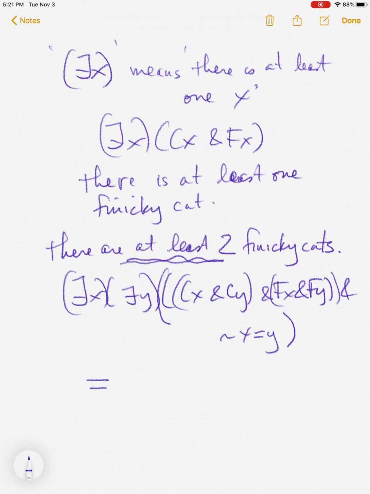Now, I want to say just a word about the syntax here. Identity, which we use this sign to refer to, we're adding as a two-place predicate to our language. And its meaning is fixed. We know what it means. It means it's the same thing as.